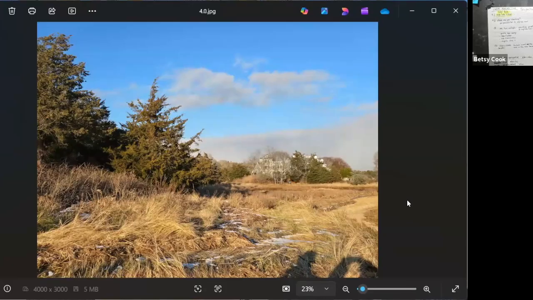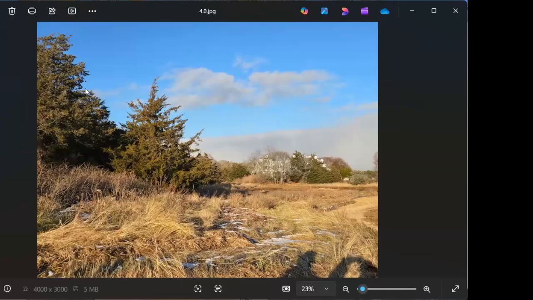Does anyone have an idea of what they would do to create a little bit more depth in the field of this photograph, in the marsh? You could create a path. You could create a house in the back that's smaller.